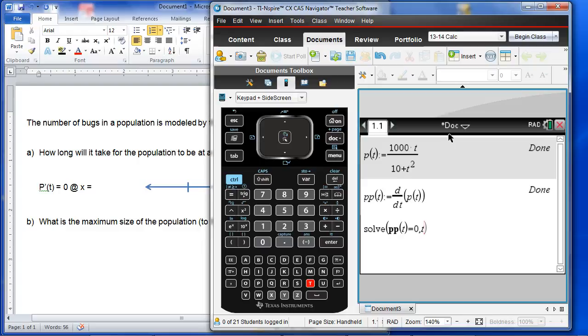So now I'm telling it what value I'm solving for. I get the answer negative root 10 or positive root 10. One of these answers doesn't make any sense, and that's negative root 10, because we're not talking about going back in time. But positive root 10 does make sense. So that's now a candidate for me to test to see if that's a relative max or min or neither.